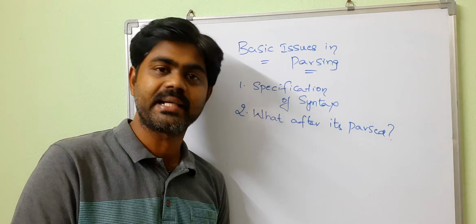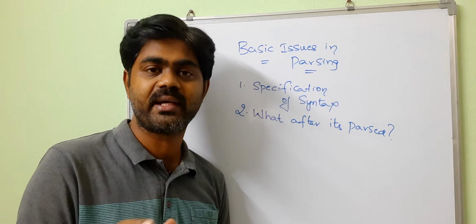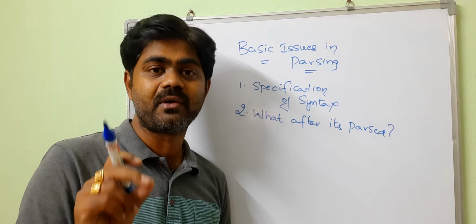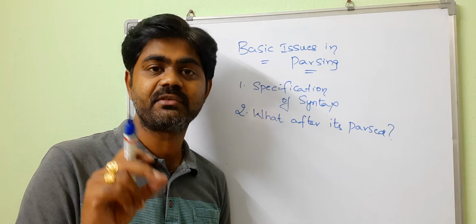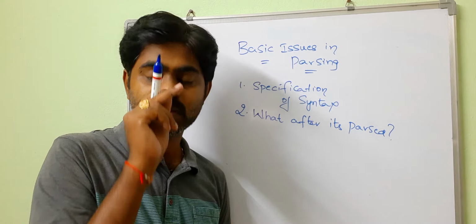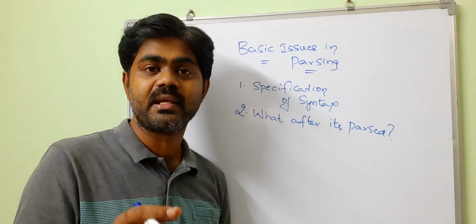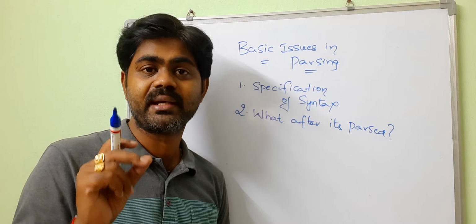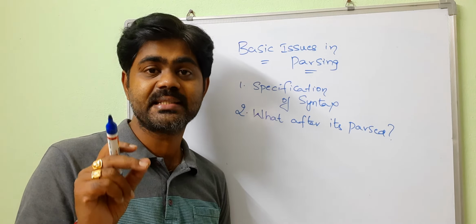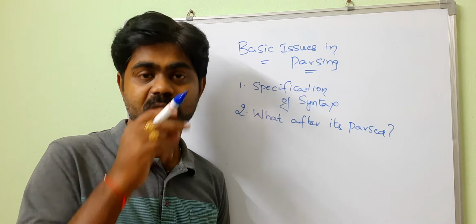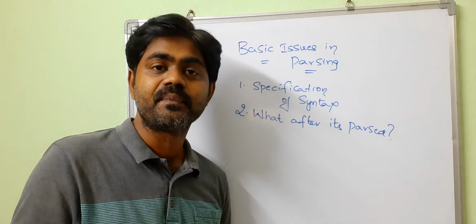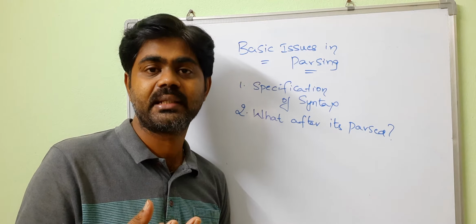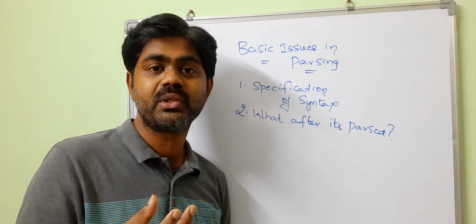We are constructing a parse tree, that's fine, but we should know what specification of syntax we are following: whether your syntax is correct, whether the grammar you are taking is a context free grammar, and whether that grammar is ambiguous. What is an ambiguous grammar? If we generate more than one parse tree for the given grammar, then that grammar is said to be ambiguous.